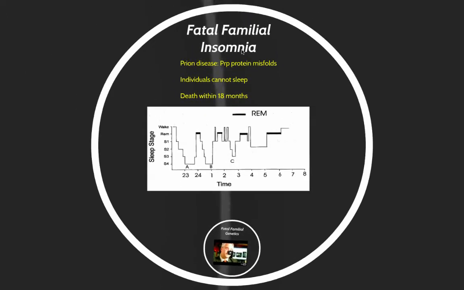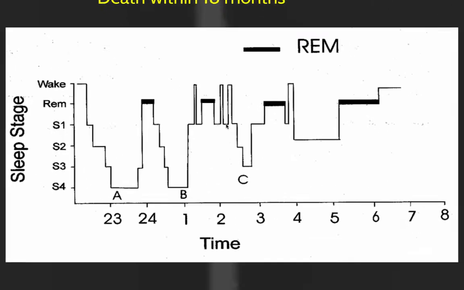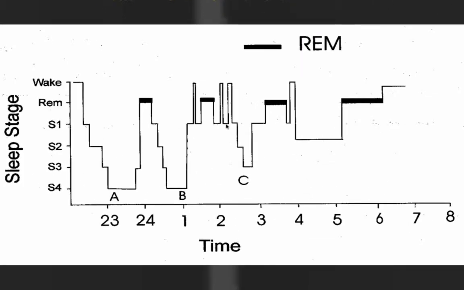First, I want to go back and talk about what sleep is and the stages of sleep. This is a typical sleep pattern where you are awake around 10:30 p.m. and then you begin to go through the major stages of non-REM sleep, S1 through 4.